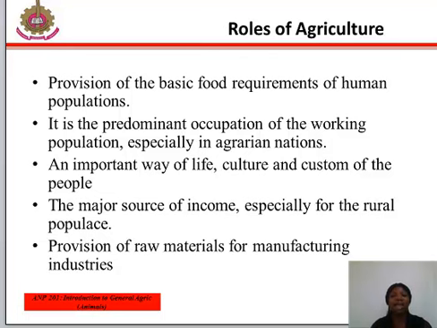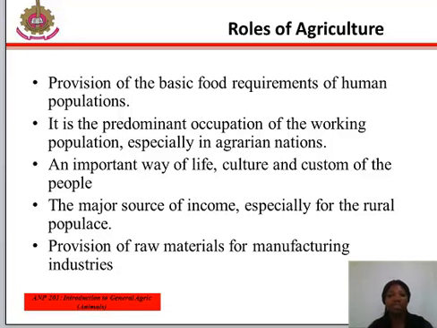Also, it helps in the provision of raw materials for manufacturing industries such as feed mills, textile factories, vegetable oil mills, industrial chemicals, packaging, biopharmaceuticals, and leather industries. And the last one is that agriculture serves great importance in foreign exchange, which leads to good revenue for the government.